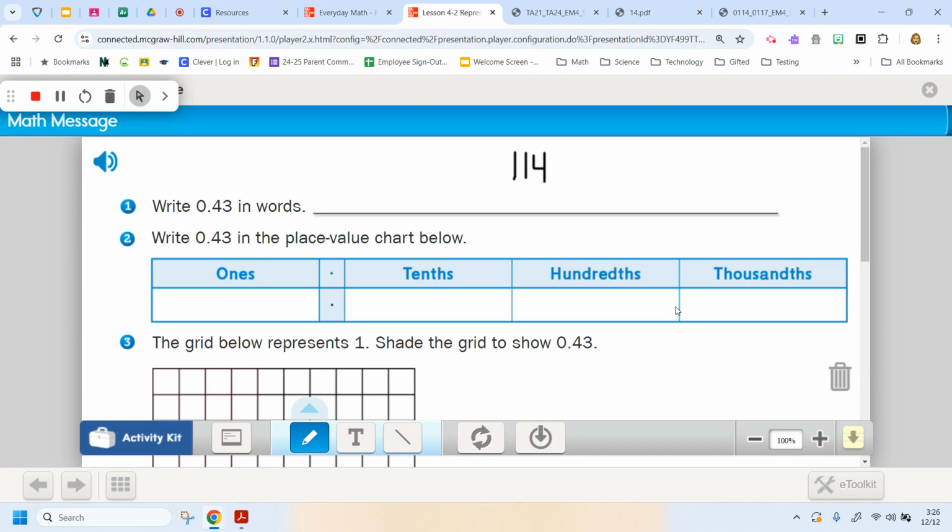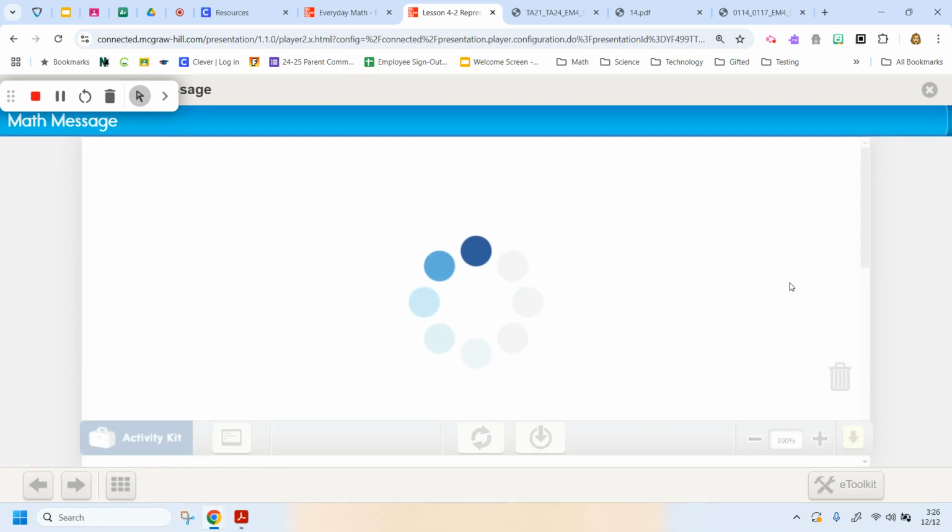Unpause when you have completed the first 3 problems so that way you can see if your answer is correct. All right, before you move on, make sure page 114 is done. We are going to check your answers.